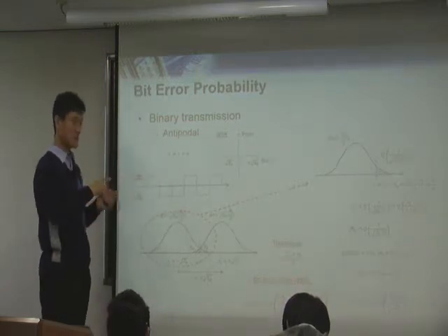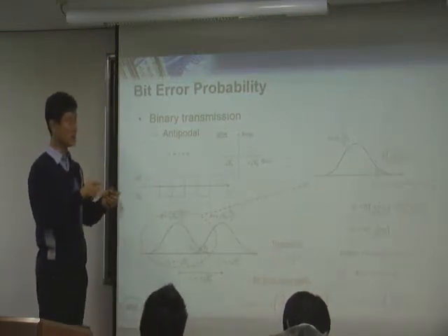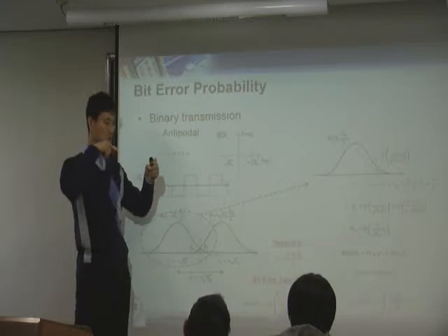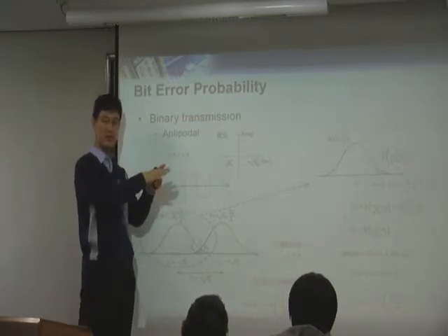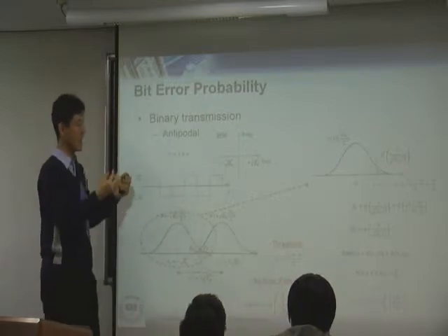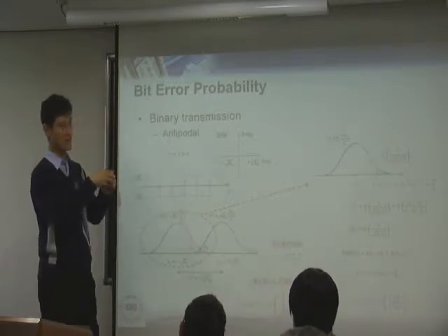When you transmit this plus 1, minus 1, it goes through the channel, and that particular channel is the AWGN channel. So that channel is adding the noise, right?